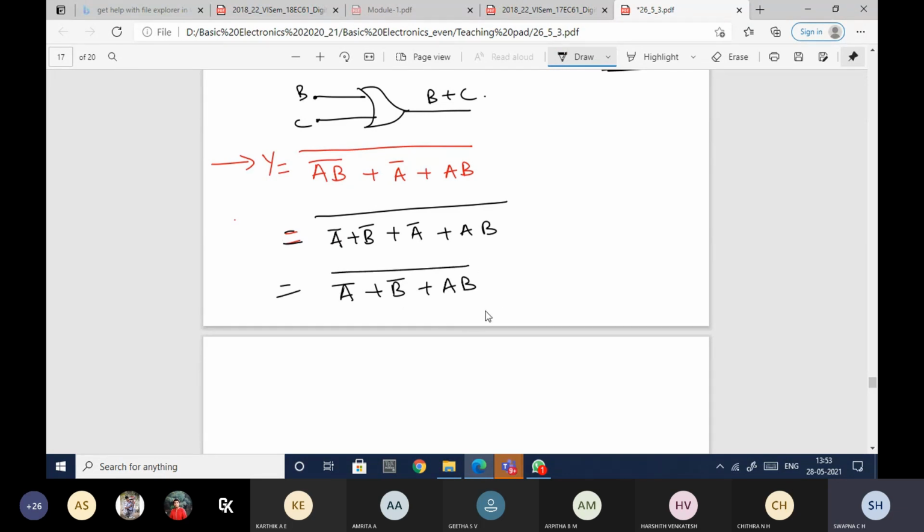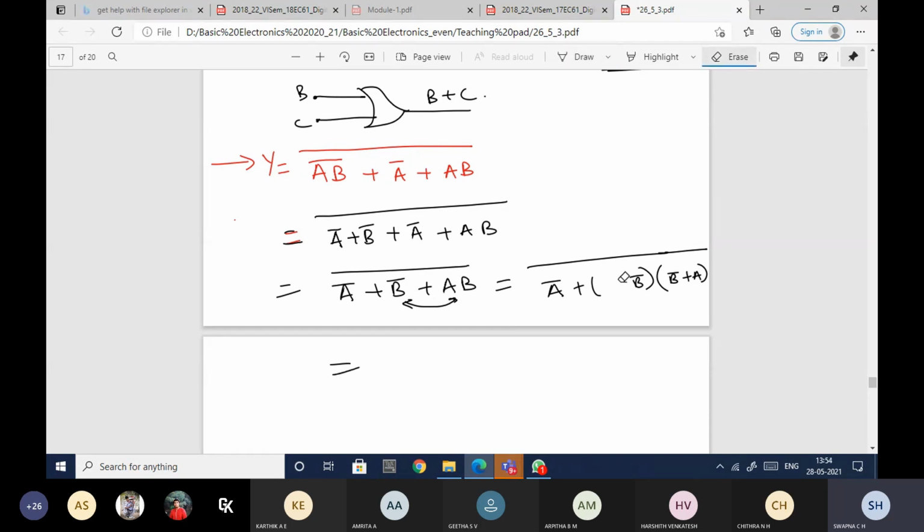Here again you can use the property. Let me use the distributive property between these two, whole bar. So I'll have A bar plus B bar into B bar plus A.